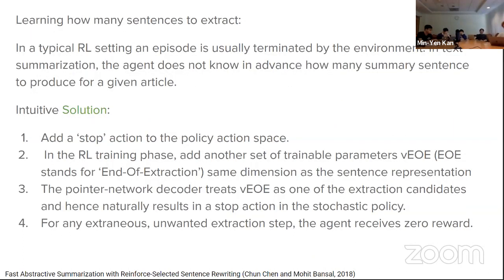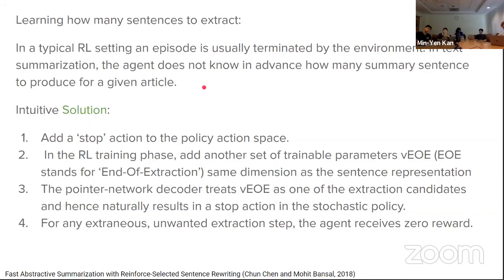So this part is explaining it, a part of the paper. You already said it's some kind of problem, and how they produce a solution in the article is they add a stop action in the policy state. So it's basically an action in the action space.